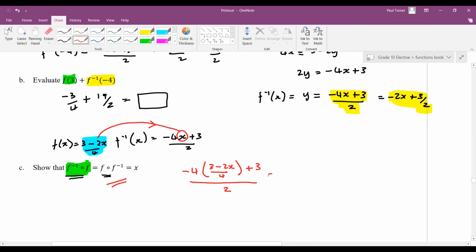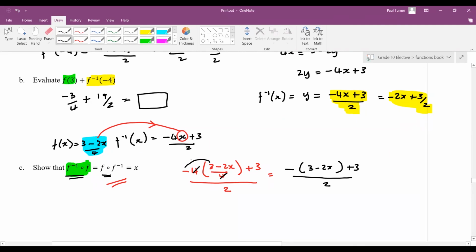Okay, so let's do that one. I will cancel the 4 here, but not the minus sign. So you're going to end up with minus 3 minus 2x plus 3 all on 2. Just cancel the 4, but not the minus sign.